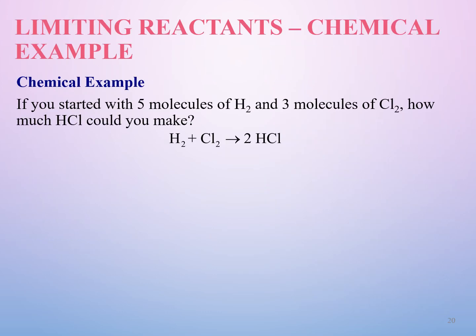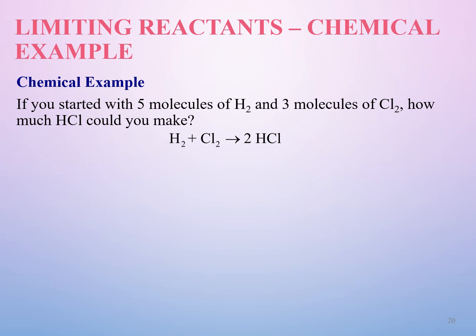So here's a chemical example. If you have 5 molecules of H2 and 3 molecules of Cl2, how much HCl could you make? So we look at individual reactants and see how much they could potentially make, and then we end up with a smaller amount. Remember, like in the bike pedal situation, we ran out of bike pedals. Okay, so let's take a look. If I used all 5 molecules of my hydrogen gas, how many molecules of HCl could I make?